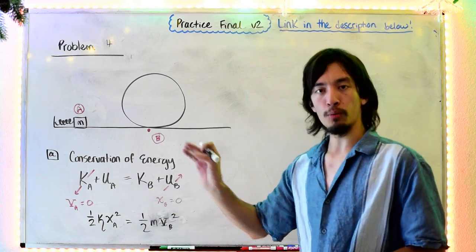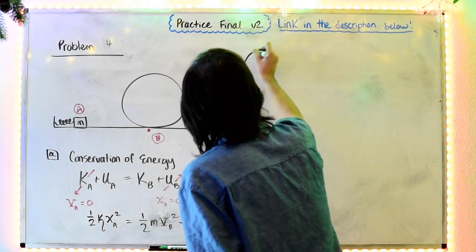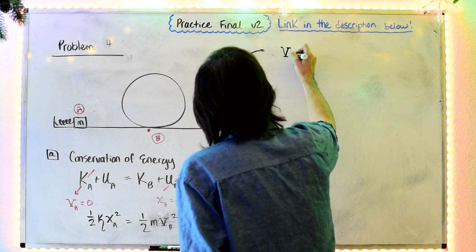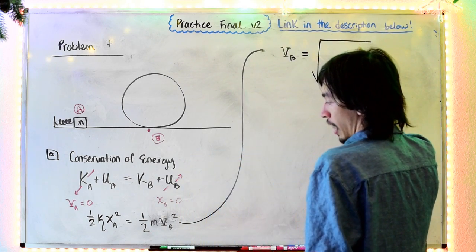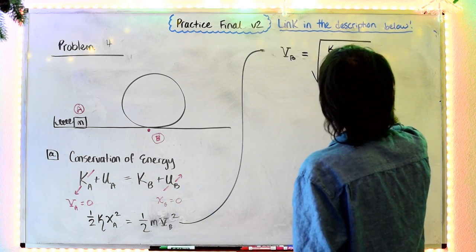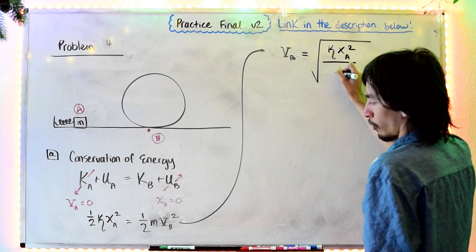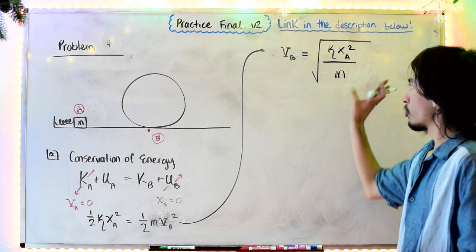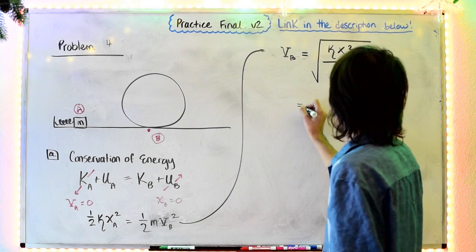We can cancel out the 1/2s, and we're just going to solve for VB. So VB ends up being the square root of K, the spring constant, X squared, over the mass.